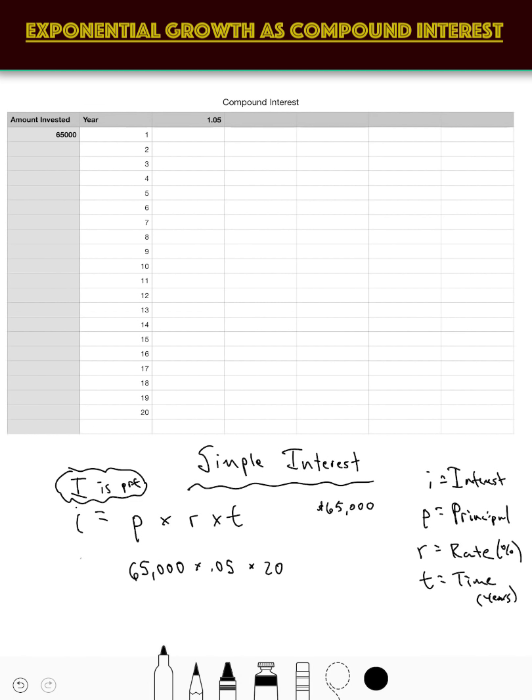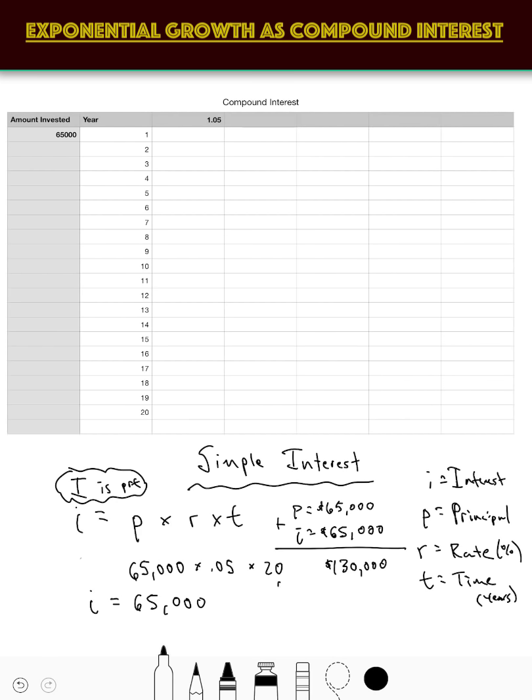So 65,000 times 0.05 multiplied by 20 years gives us $65,000 exactly. So we make $65,000 in interest. So we invested 65,000, and then we made 65,000 in interest. So our total amount of money after 20 years would be $130,000.